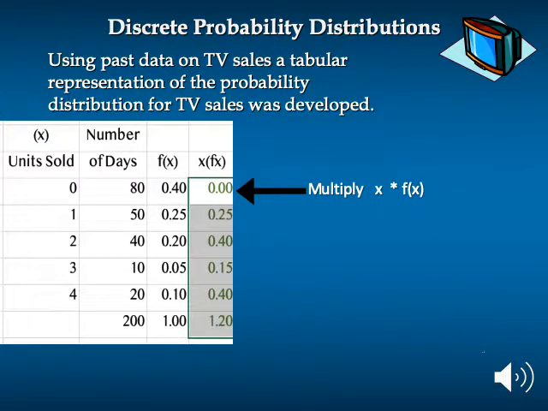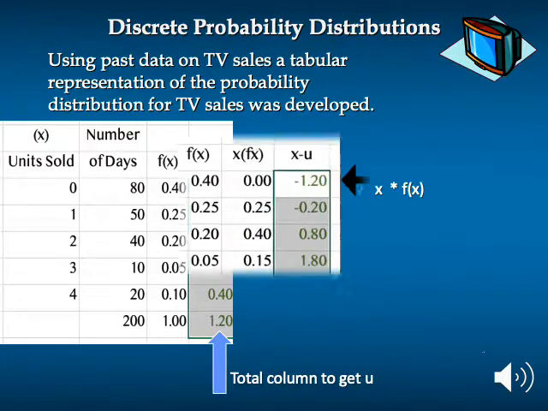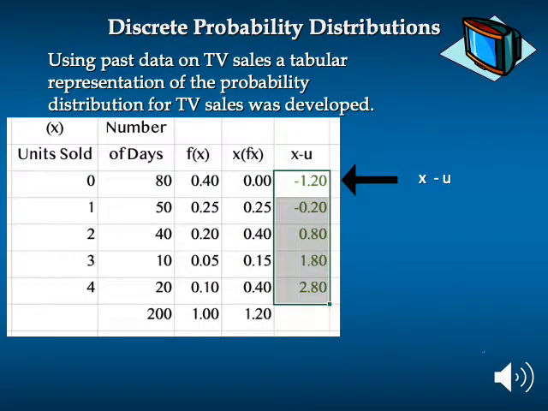Anything times 0 is 0. We're going to do the same thing for every one of those rows. And then, in order to get the expected value signified by μ, we're going to add up the total of the x times the function of x column. And when we do that, you see that the expected value is 1.20.